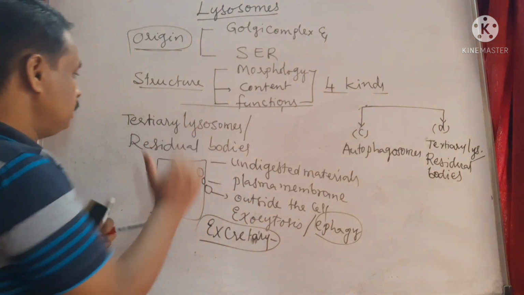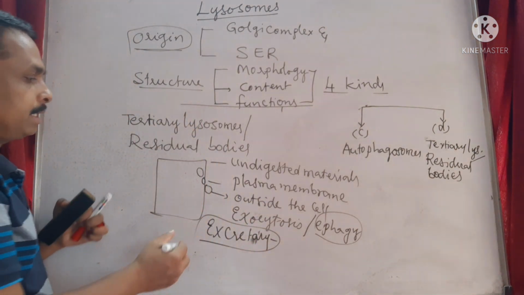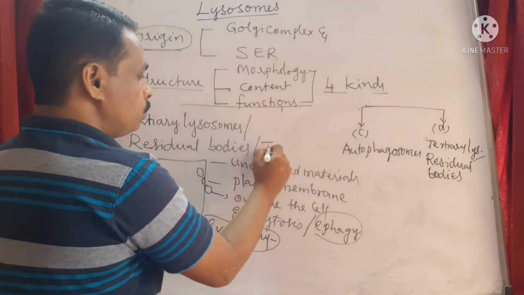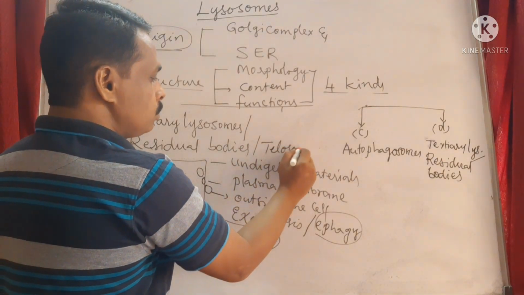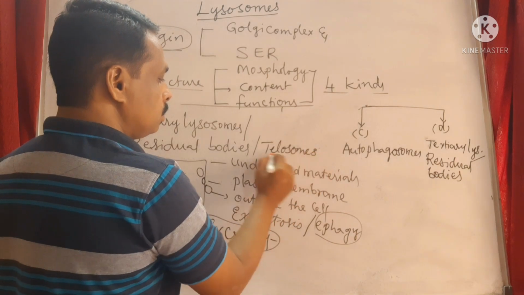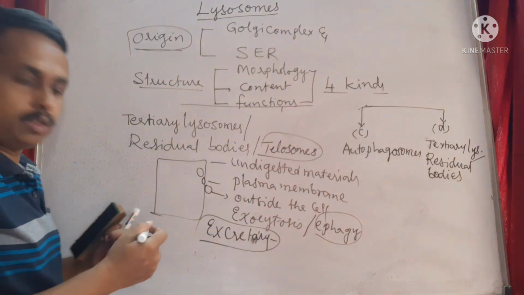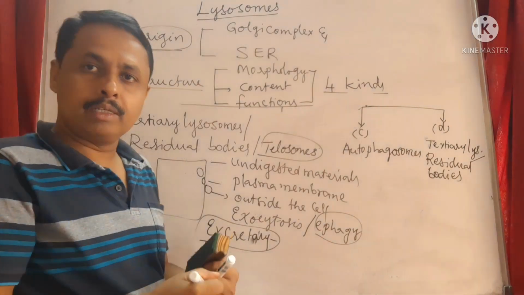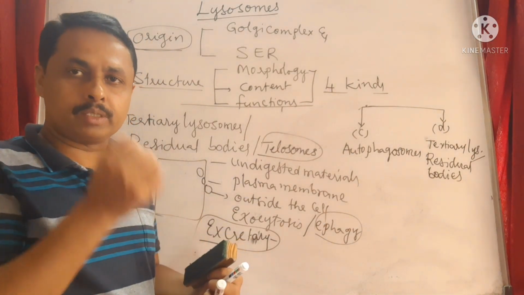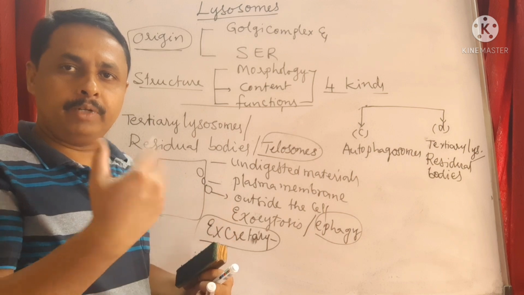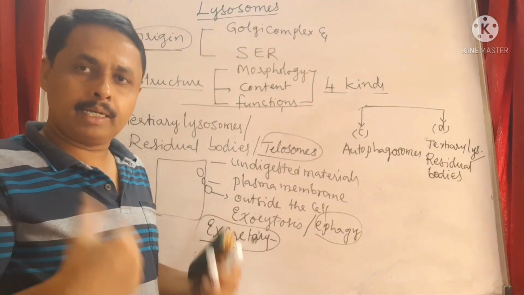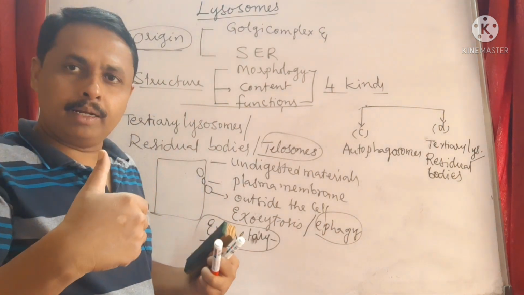Therefore these tertiary lysosomes are otherwise called telosomes, because they are end lysosomes. These end lysosomes will be automatically killed and disappear.